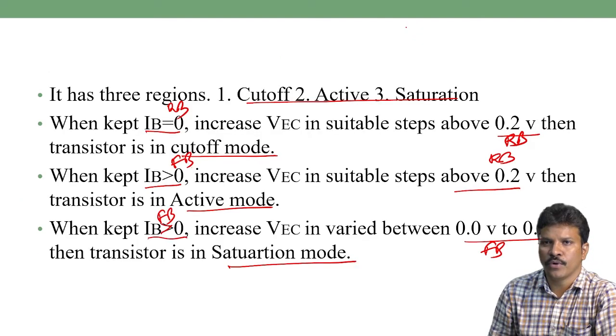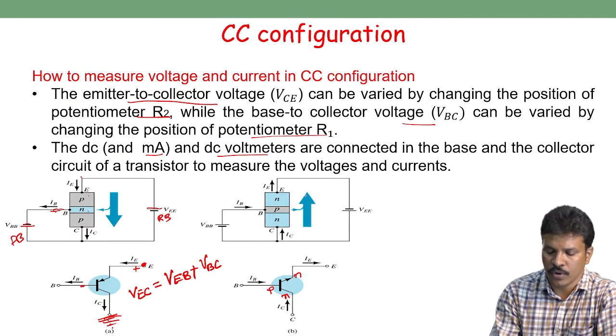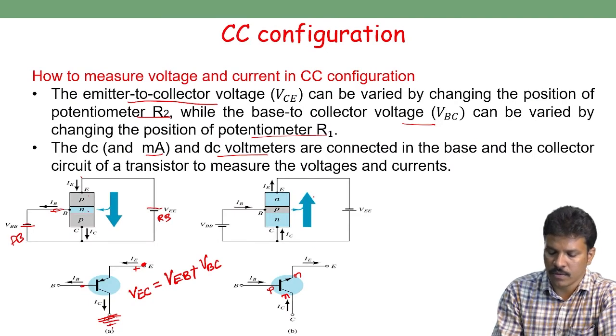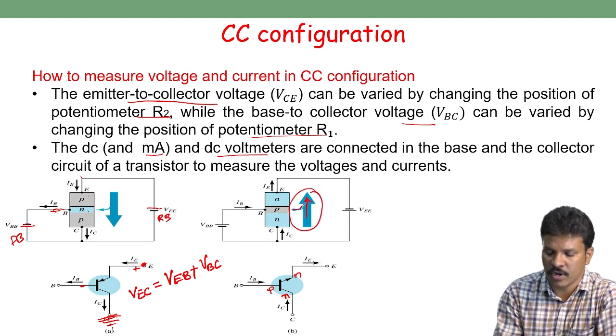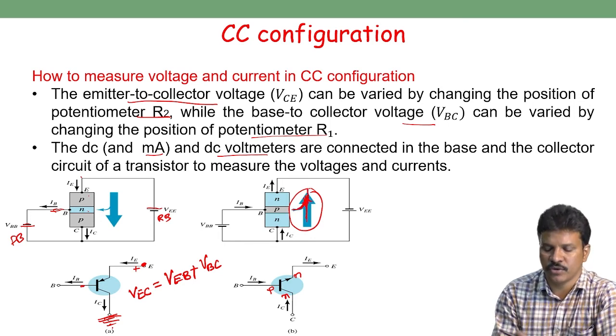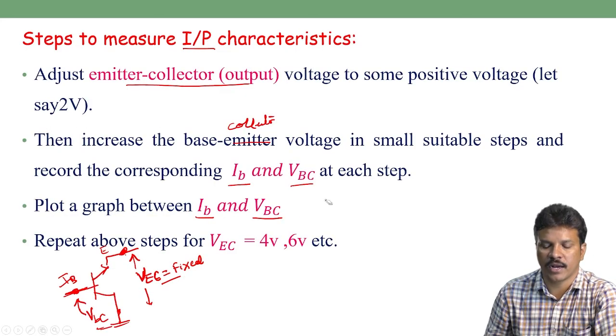For example, this big arrow represents the majority current and this small arrow represents the minority current. The small arrow and big arrow added together reach the emitter, so the total emitter current is nothing but the majority current and minority current.